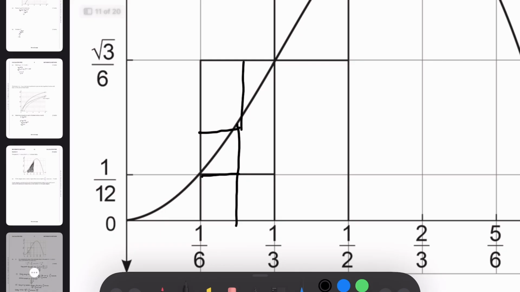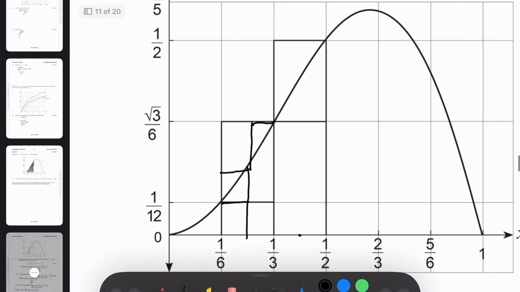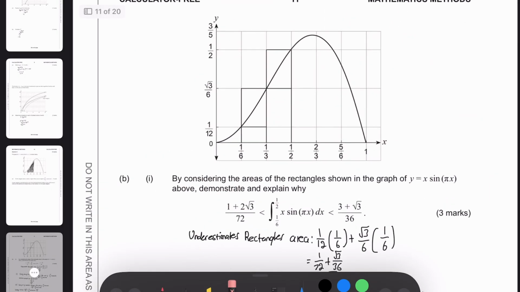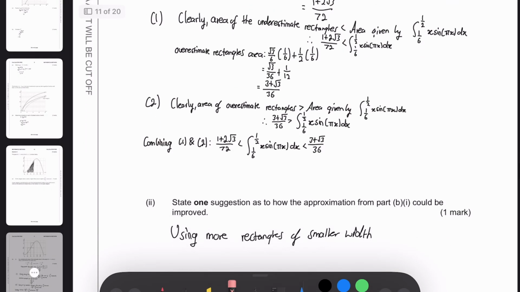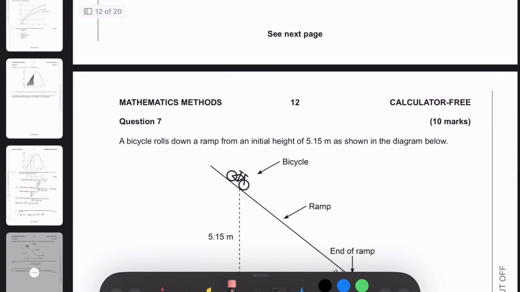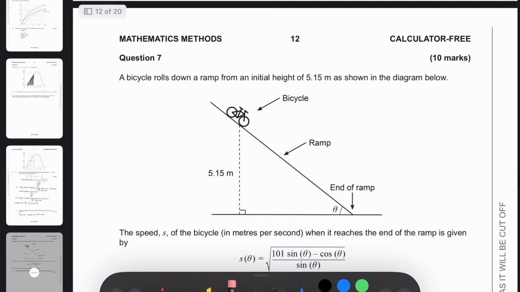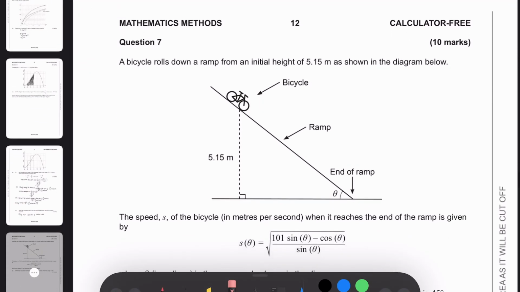Let's say if we halve the width, then the area is going to be closer to the integral. Then as the width of those rectangles becomes 0, that is the definition of the integral sign there, and dx.